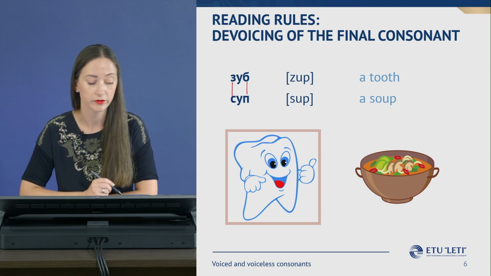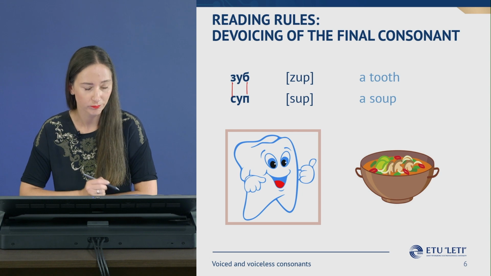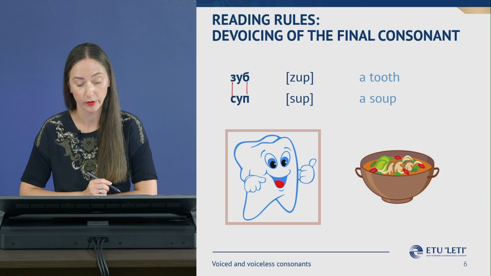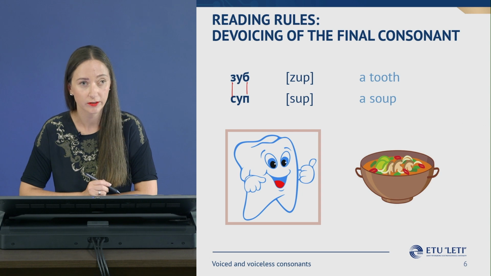But different letters, not sounds. The final sounds will be the same, b and p. Zup, soup. You see what a drastic difference, right? You're talking about a tooth or about a soup. The only difference is in the beginning.